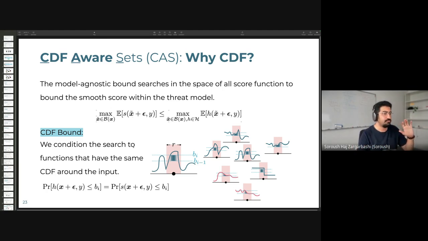Because I wanted to not extend it too much to technicalities, for the Gaussian perturbation, we have a closed form solution for this problem. And it's in a paper called Certifying Confidence via Randomized Smoothing, I think.